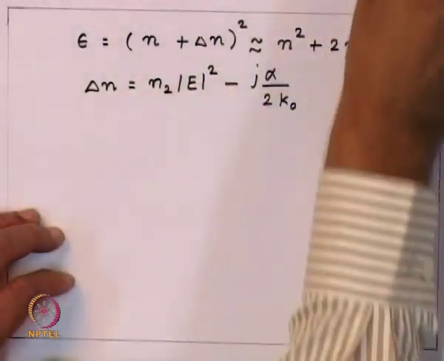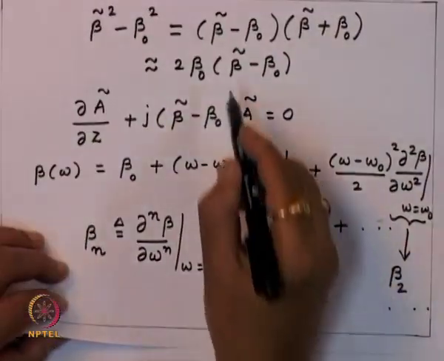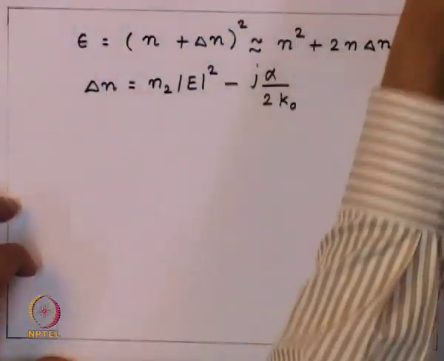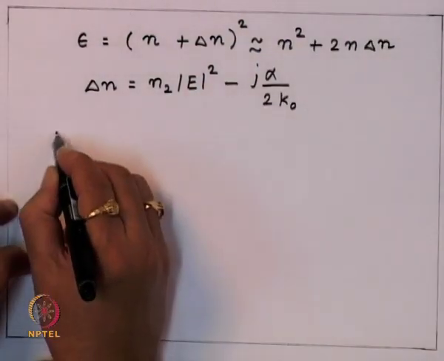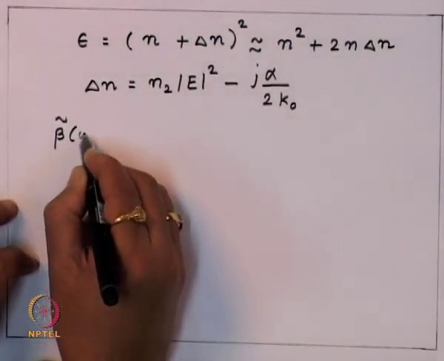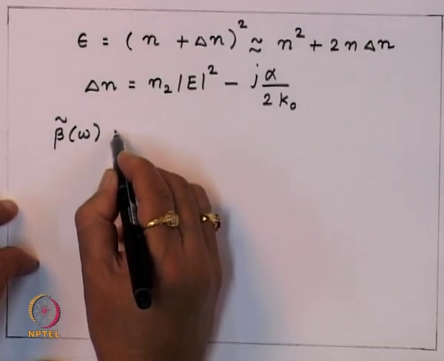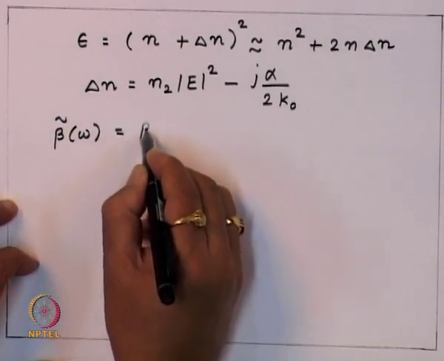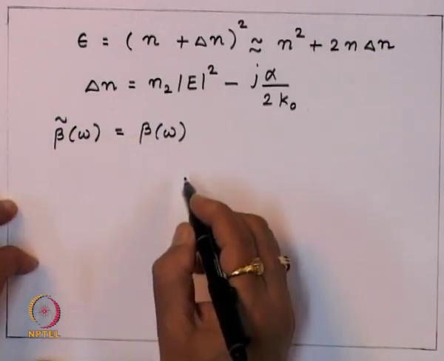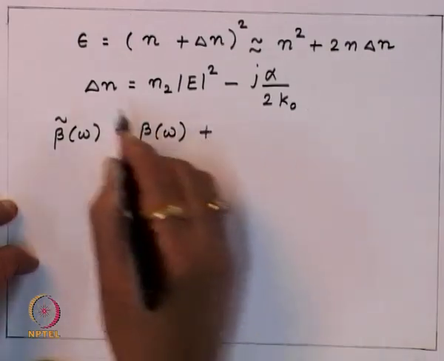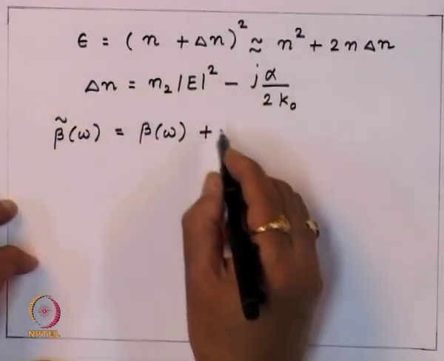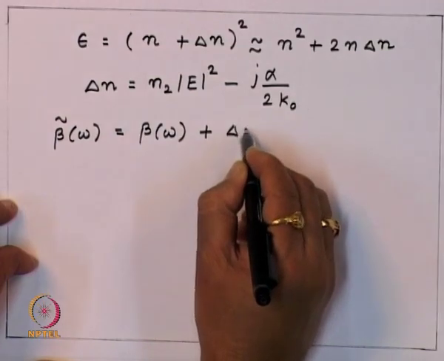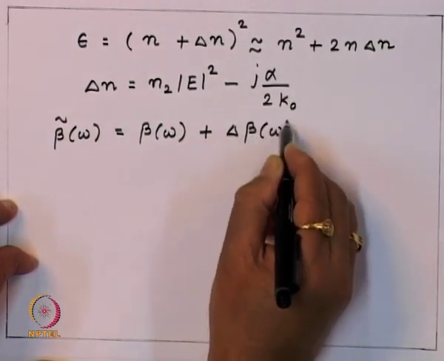So, this quantity beta tilde as a function of omega, we can write as beta omega plus a small change in beta omega because of these terms, so delta beta omega.